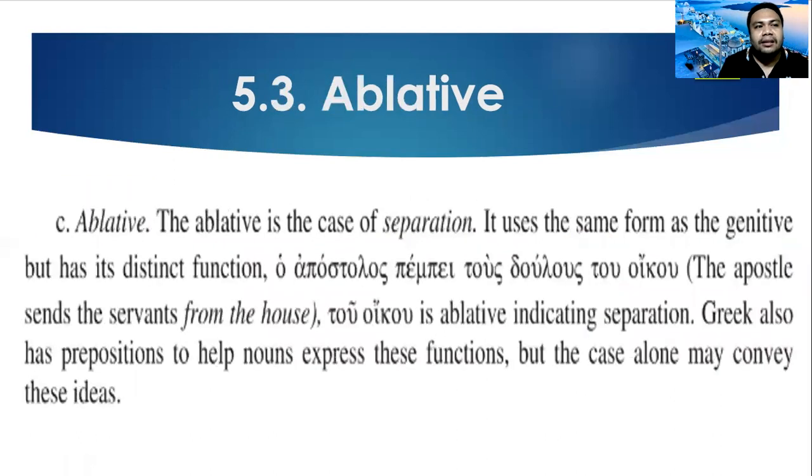Next, we have the third case, which is the ablative. The ablative is called the case of separation. It uses the same form as the genitive, but it has a distinct function. As we have seen earlier, the genitive and ablative have the same forms.